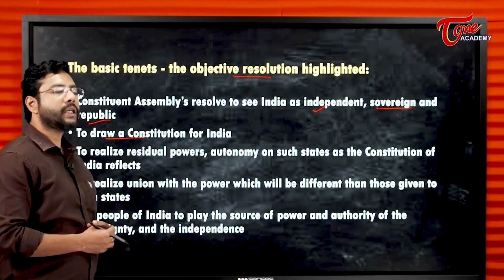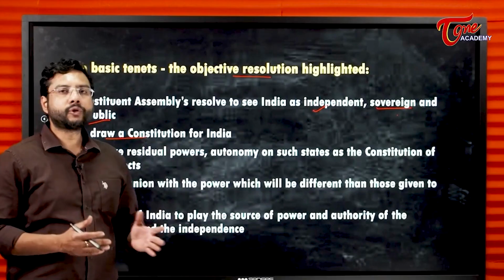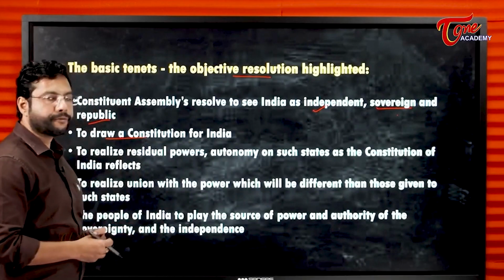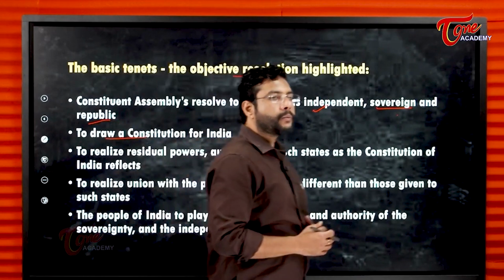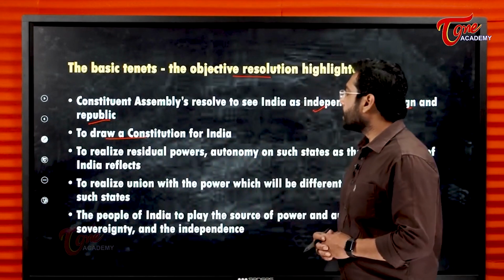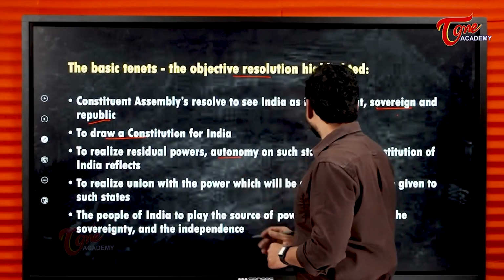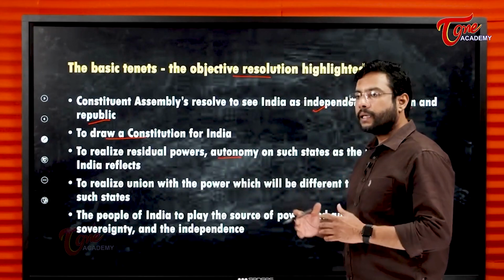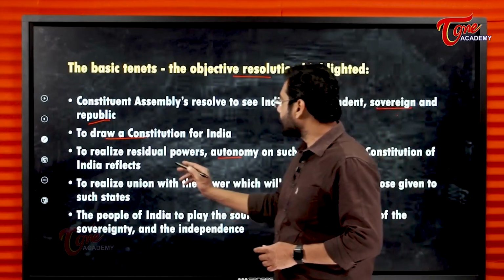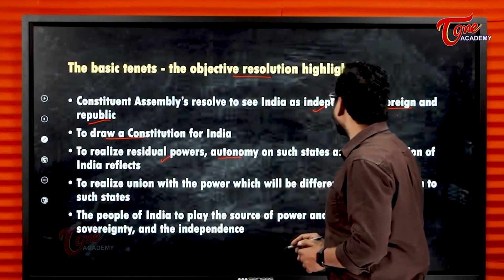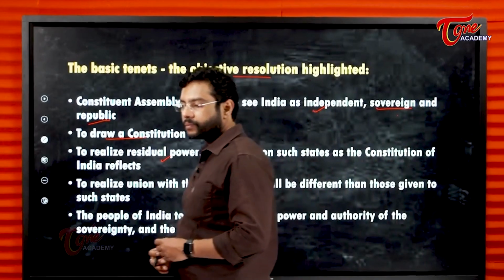So the Objective Resolution also carried a message that we have to write our own constitution, and that constitution should be in such a way that it should realize autonomy and the aspirations of India.